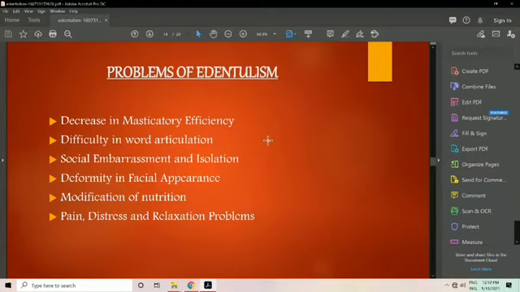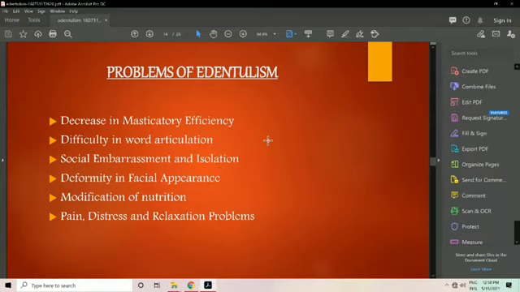So there is difficulty in word articulation, social embarrassment and isolation. Suppose the patient has anterior teeth missing, the aesthetic concern of the patient is increased and there will be social embarrassment. For that purpose, certain jobs will have to replace the missing teeth in the anterior region.